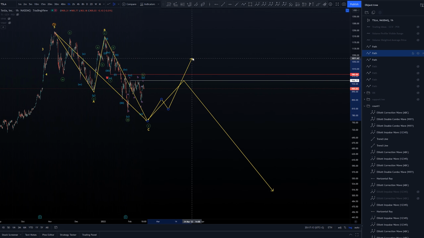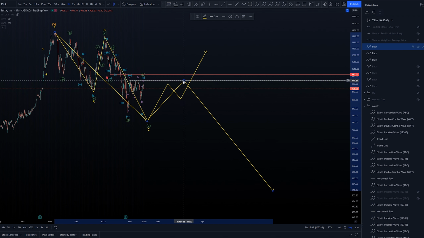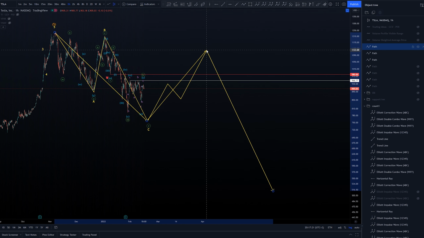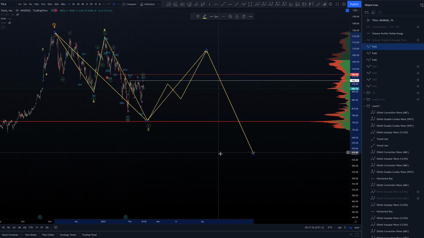The higher this B wave or 1 wave goes, the higher this might go. So after this correction, definitely hope for higher numbers, so it doesn't go too much down.